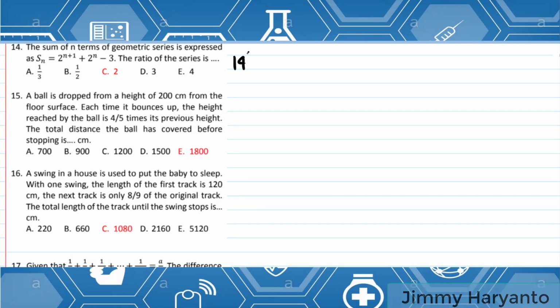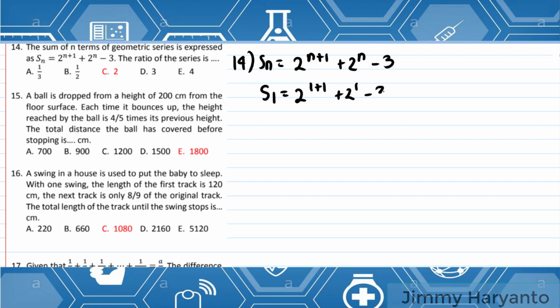Number 14. It gives us the formula for Sn. As I told you earlier, if you have a formula, whether it is Un or Sn, you have to find S1 or U1 first, by putting n equals 1. 1 plus 1 plus 2 power 1 minus 3.